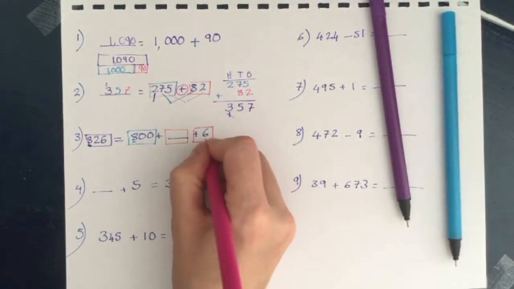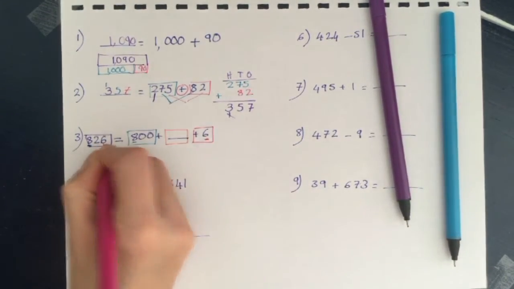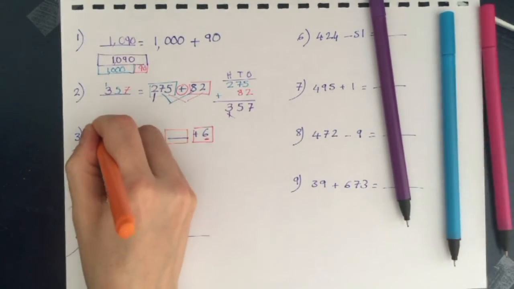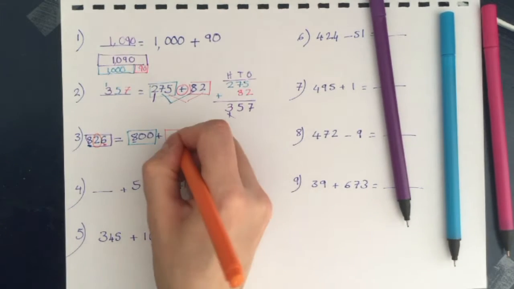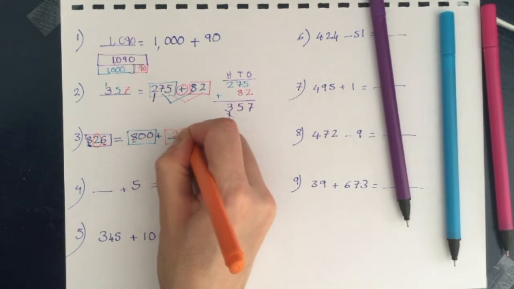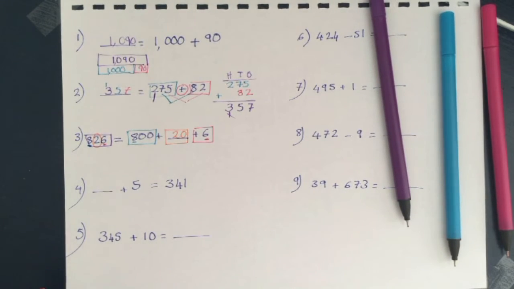I can see the 6 ones here. The only thing I am missing is the 2 tens. 2 tens is the same as 20 when I partition my number. So 826 is made of 800, 2 tens, which is 20, and 6 ones, which is 6.